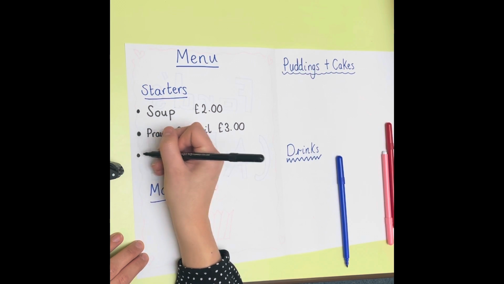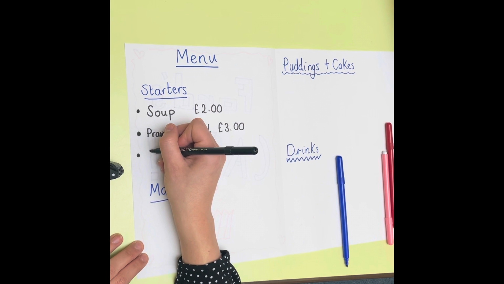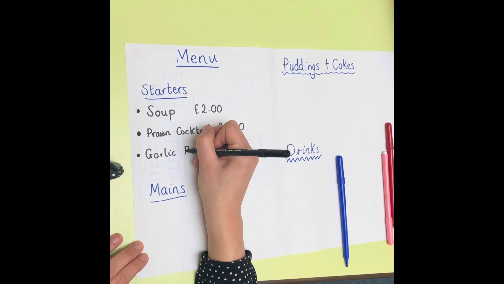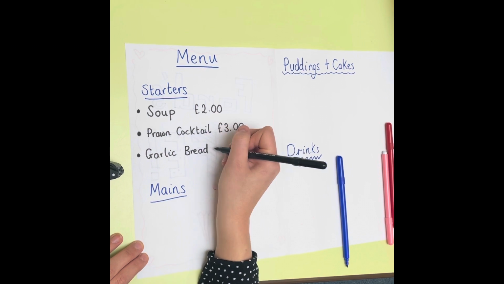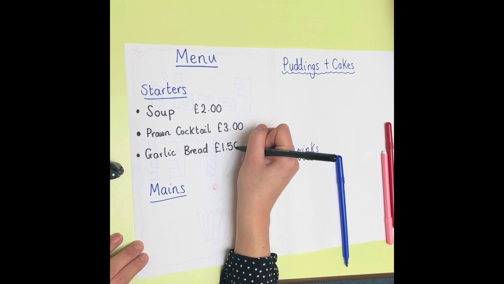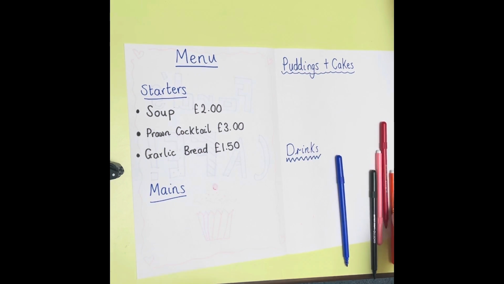And the last thing we're going to have for starter is garlic bread. Garlic bread's going to be £1.50 at Miss Ford's restaurant. Then over here, I'm going to draw a bowl with some tomato soup in it.